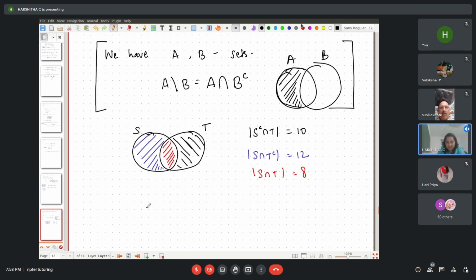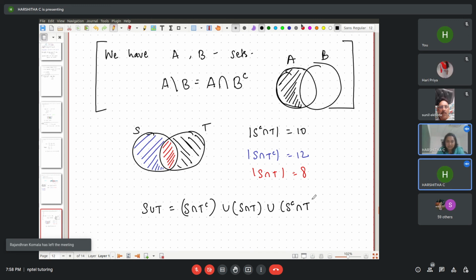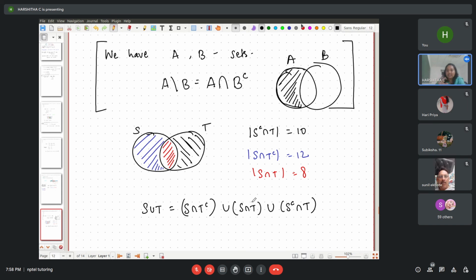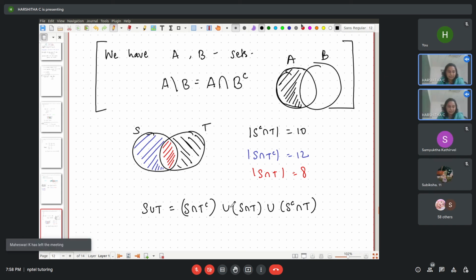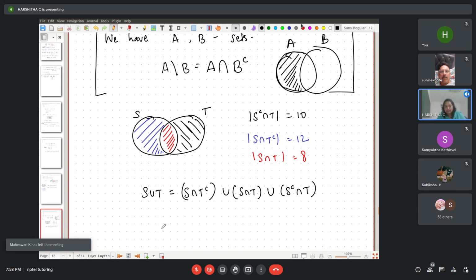The equation that we get is S union T is nothing but this blue area, which is S intersection T complement, union the red area, which is S intersection T, union this black area, which is S complement intersection T. And each of these are disjoint.